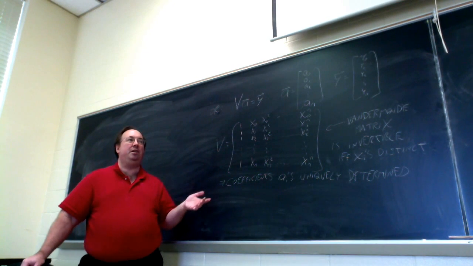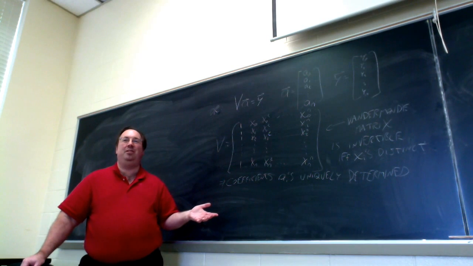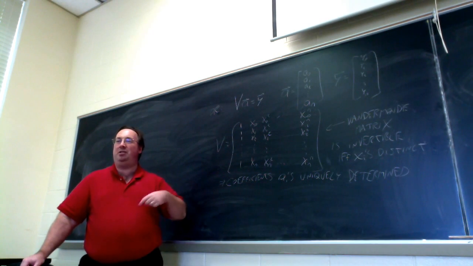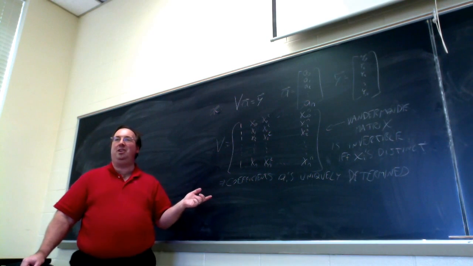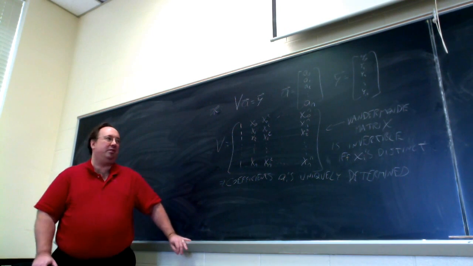But if a polynomial of degree n has n plus 1 zeros, what does that mean? How many zeros can such a polynomial have normally? The degree n. But if it has too many zeros, the only way it can happen is if it's 0 everywhere. So that's another way to see that the interpolating polynomial is unique.